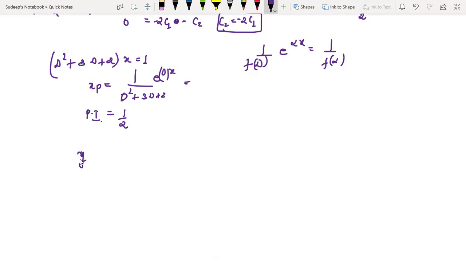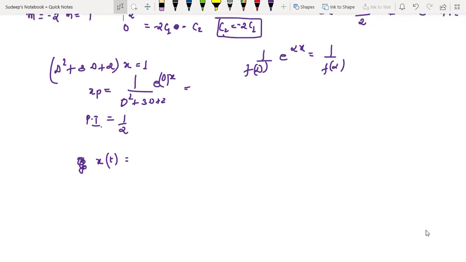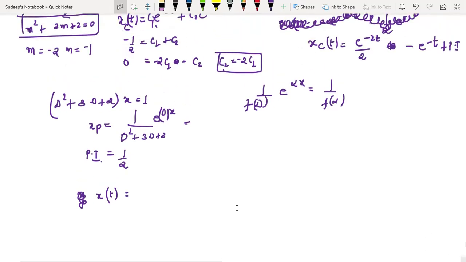So after all, you have x as a function of t would be simply e raised to power minus 2t upon 2 minus e raised to power minus t plus half.